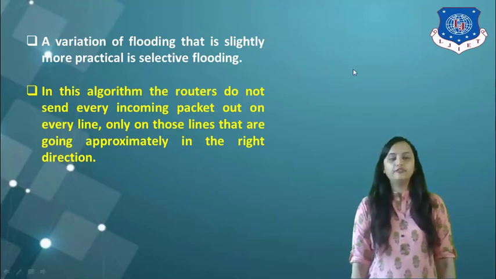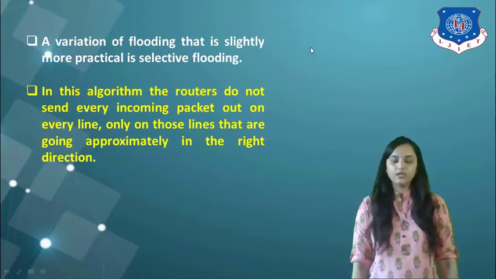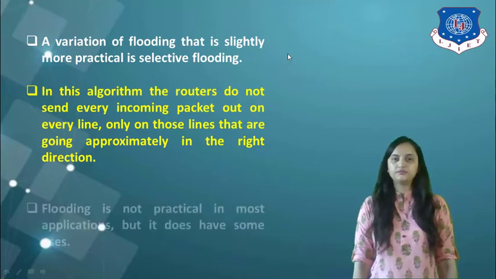That means unlike normal flooding, where each and every packet is sent to each and every outgoing line, in selective flooding there is a chance of reduced duplication of packets at the receiver side, because only some lines are selected to send the packets, those going approximately in the right direction. So this duplication or wastage of bandwidth can be reduced to some extent in selective flooding.